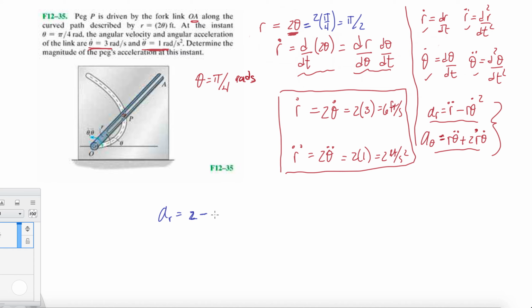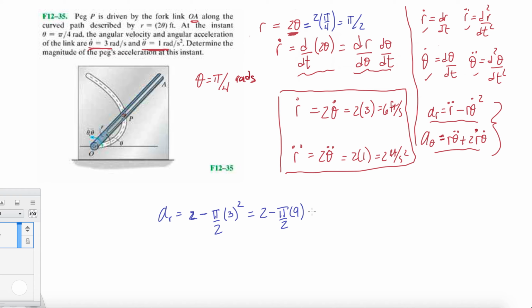Okay, so that's 2 minus pi over 2, right? So that's r, and then theta dot squared, so that's going to be 3 squared. So that gives us 2 minus pi over 2 times 9.